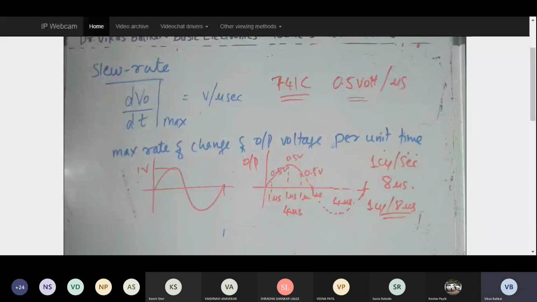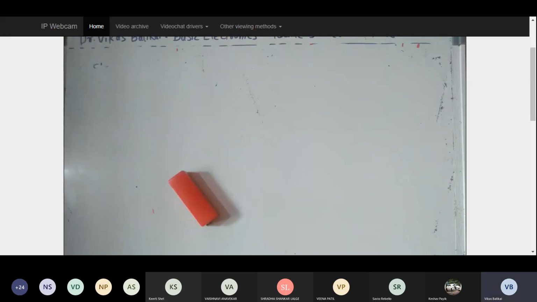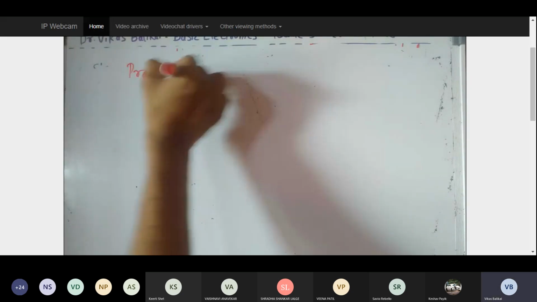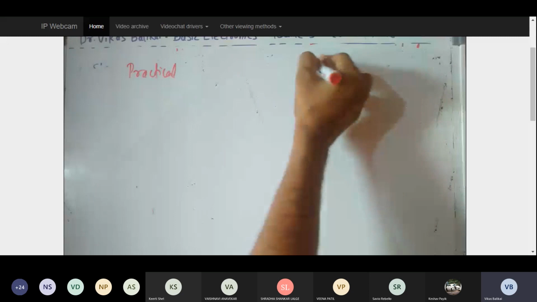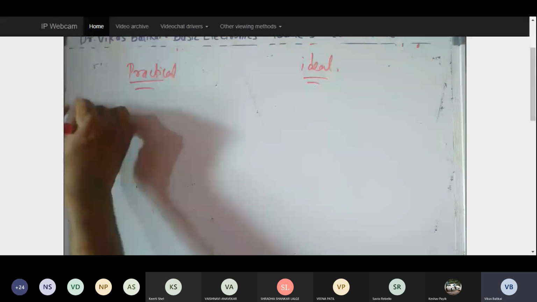So these all determine different characteristics for my op-amp. If I try to summarize the characteristics we have dealt with in today's two classes, I can write the practical condition and the ideal condition. Tell me what should be the Rin value, practical condition.